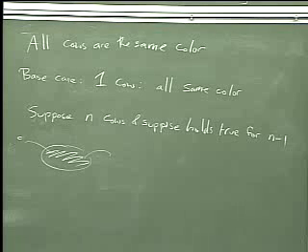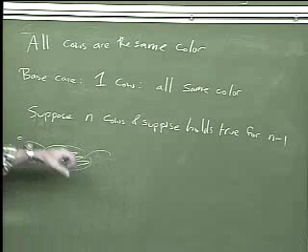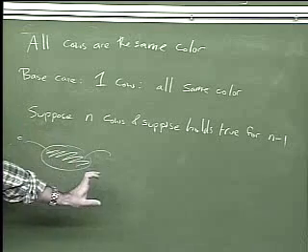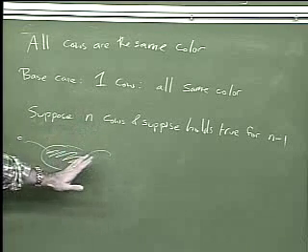Okay, so what's wrong with that argument? Put the original n cow back. Sure it is, by the inductive assumption. I have n cows. I take one out. Whenever I have a group of n minus 1 cows, by my assumption, they have to be the same color. So they're all the same color.